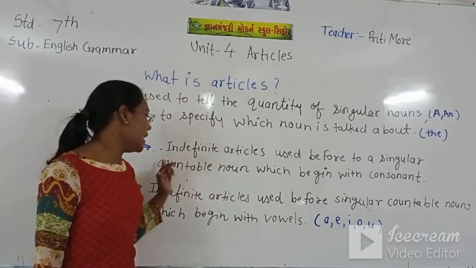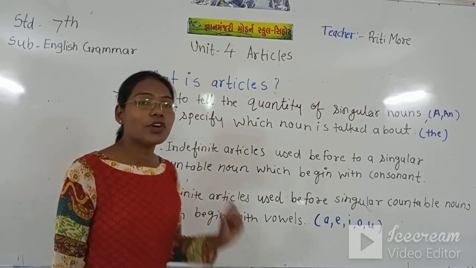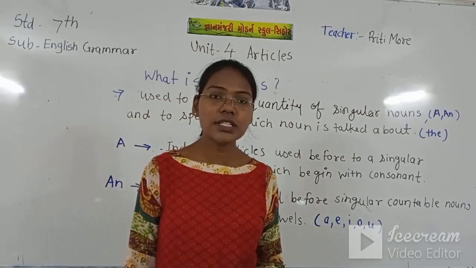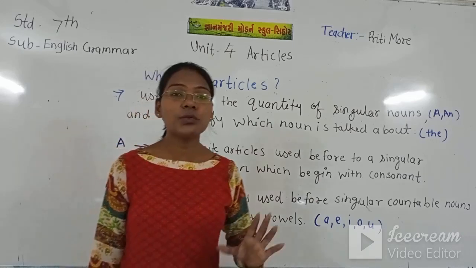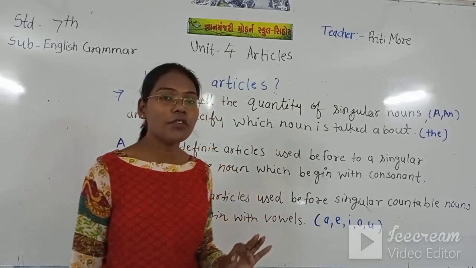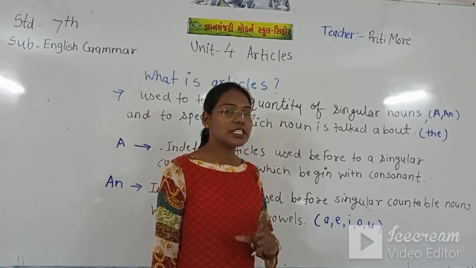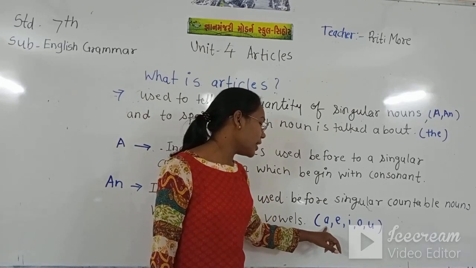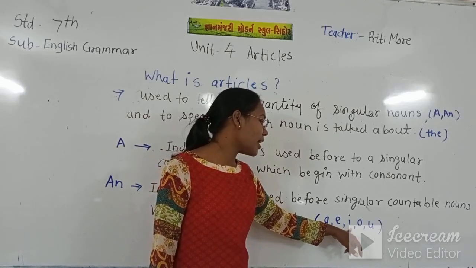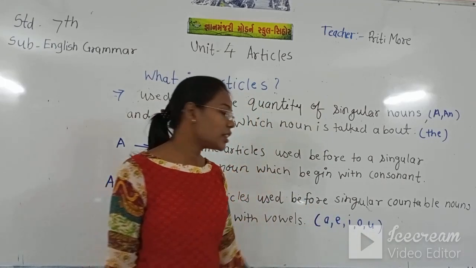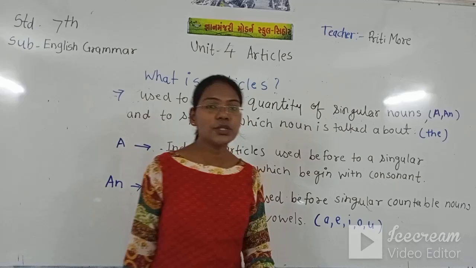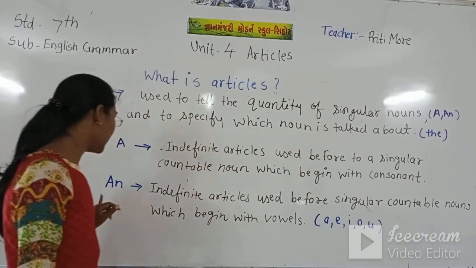When the words begin with consonants, we use the article a, and when the words begin with vowels, that means the letter a, e, i, o, u, we use the article an.